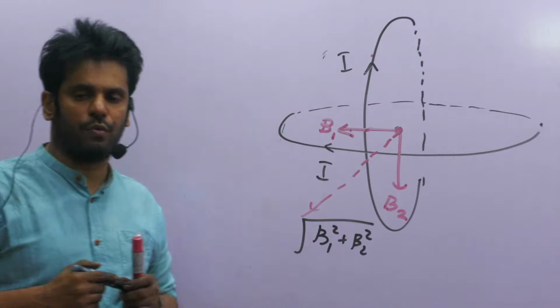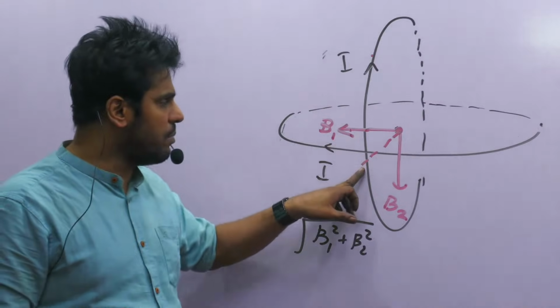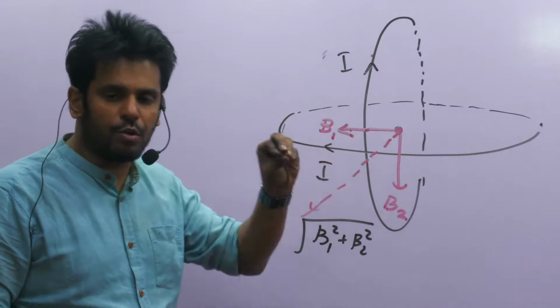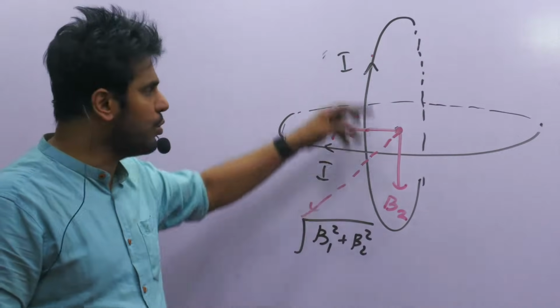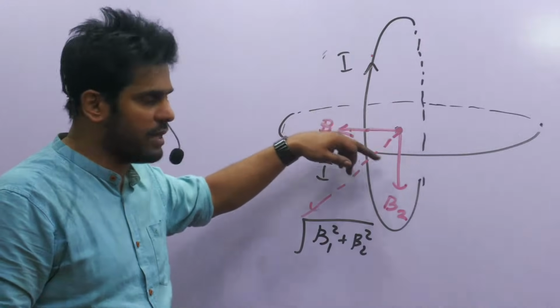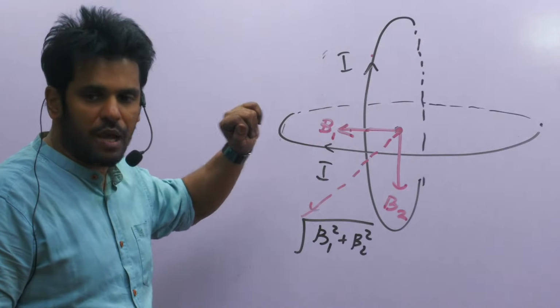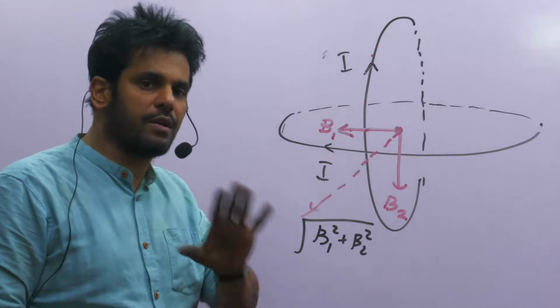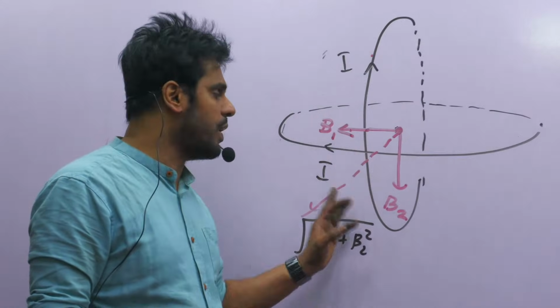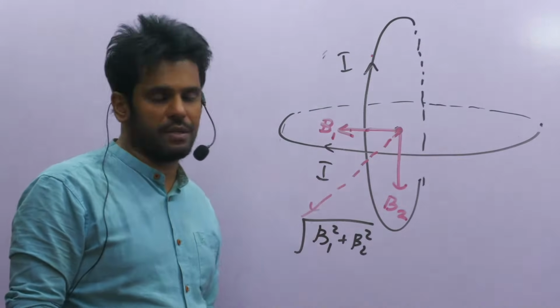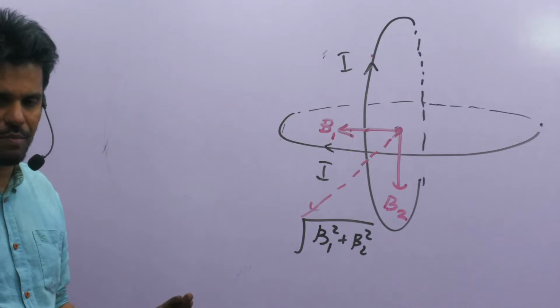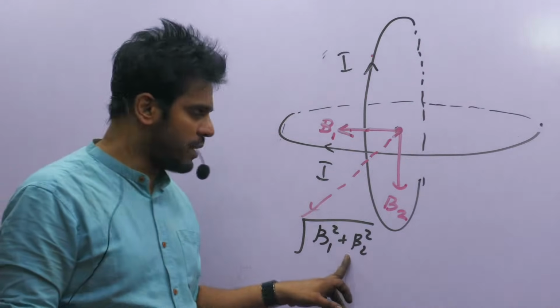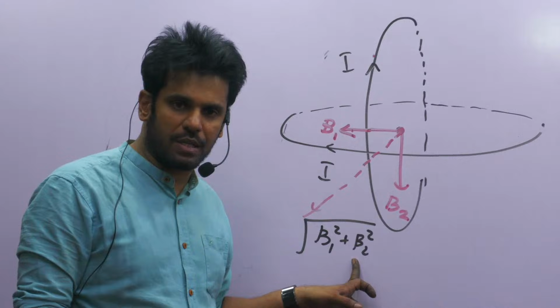This is the theorem to find the resultant magnetic field when you have two concentric circular loops in perpendicular planes. It is very easy. This is the magnitude, given by the Pythagoras theorem.